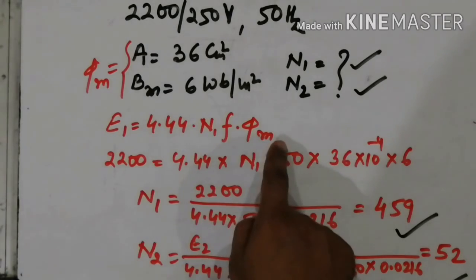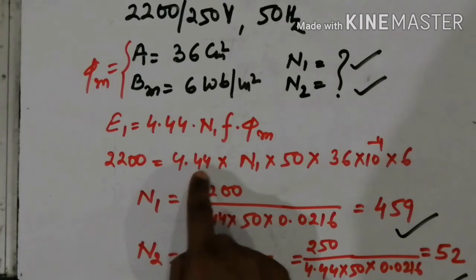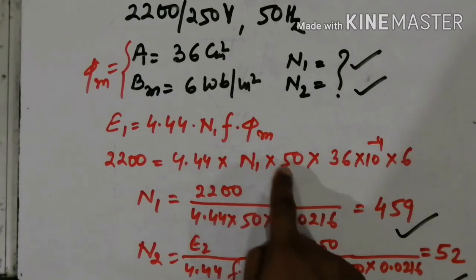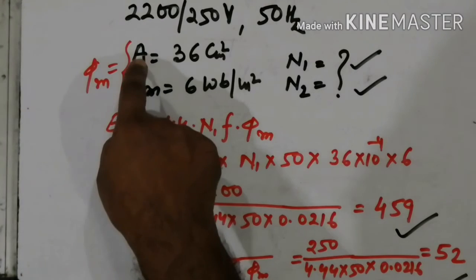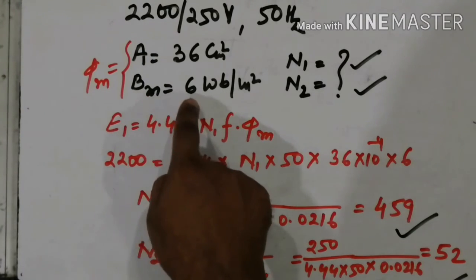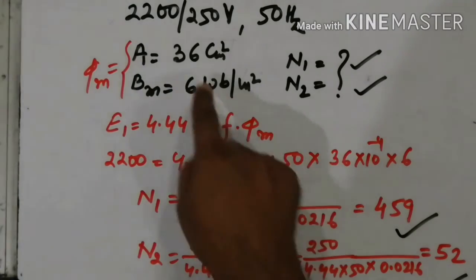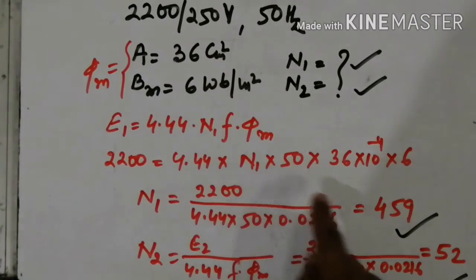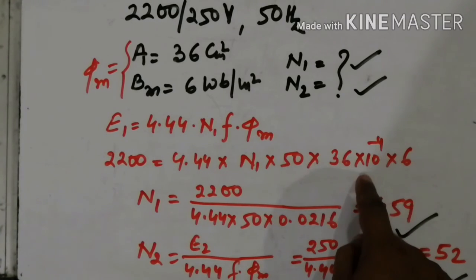Since this equation belongs to the primary, 2200 is equal to 4.44 number of turns frequency into phi. Phi is the multiplication of B into A. Bm is the flux density, which is 6 Weber per meter square, and A is the area. Area is 36 centimeters square, so it is 36 into 10 to the power minus 4. Now it is in meter square.